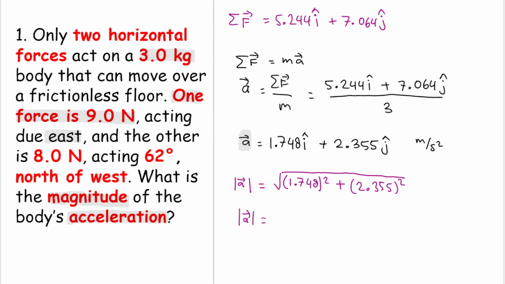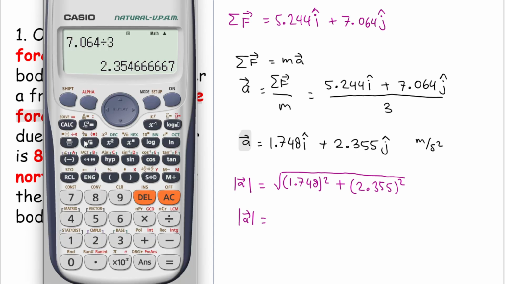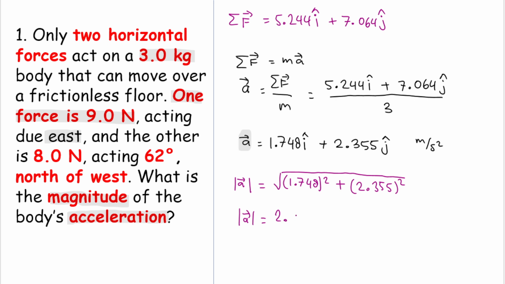Nothing else that we can do from that. So we will have 1.748 squared plus 2.355 squared, and then that will be our result. So we'll have 2.933, and the unit here will be meter per second squared. And I think that's all for this problem. We have this as our final answer.